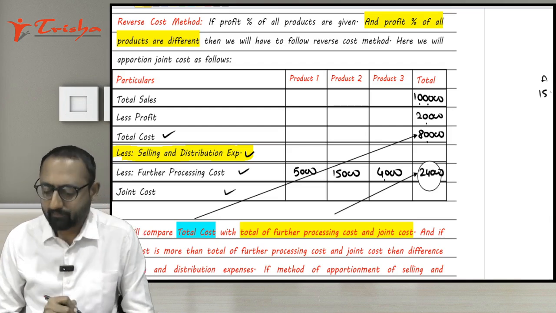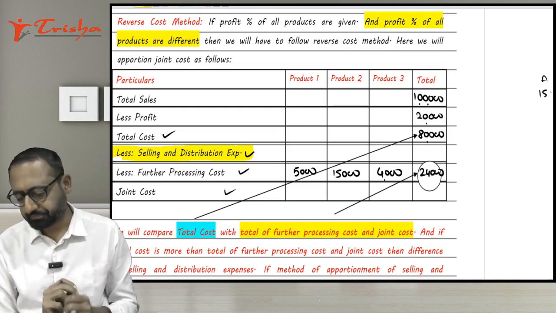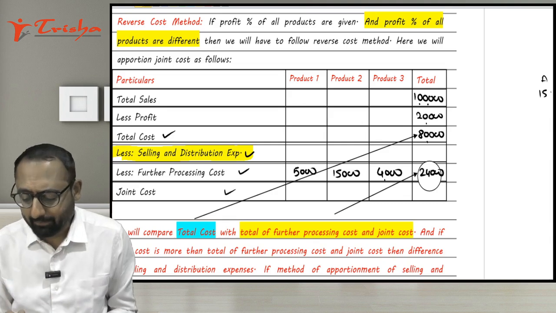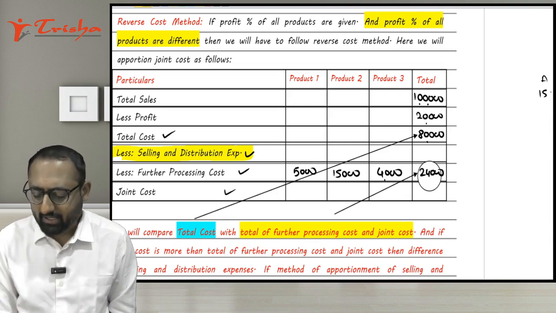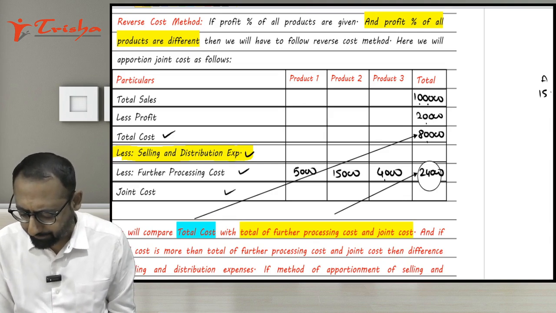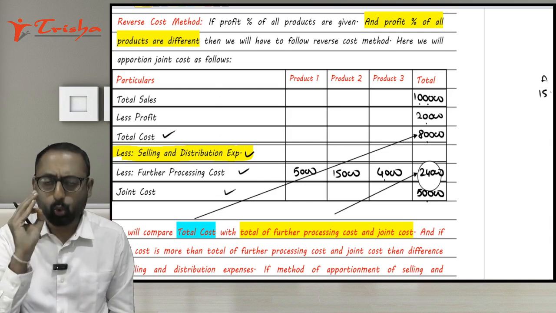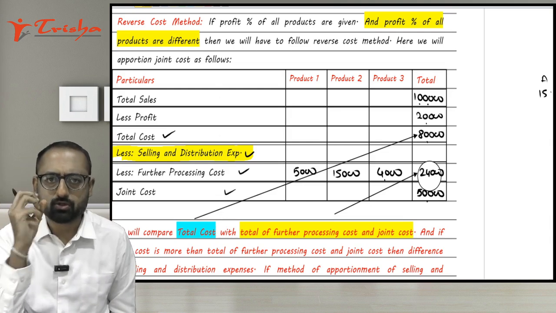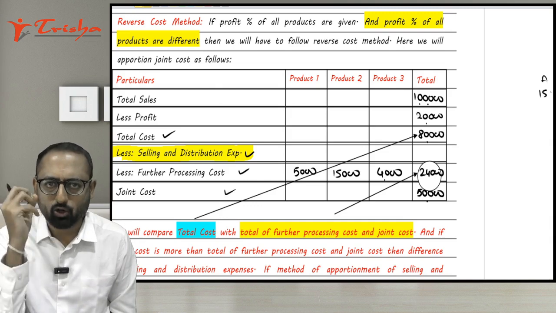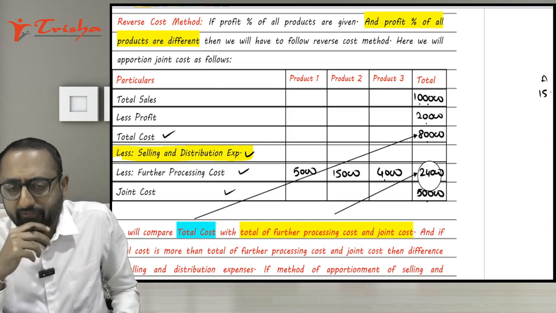So further processing cost is 24,000. And in the example, 50,000 is your total joint cost, total common cost: common material, common labor, common overhead, common direct expenses. So total joint cost is 50,000.